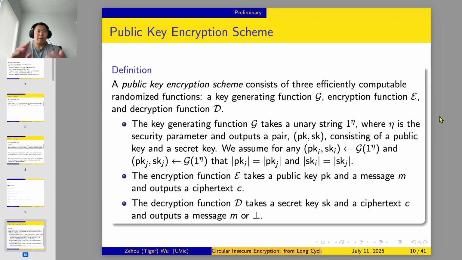So we begin with public key encryption schemes. This is defined quite standardly.